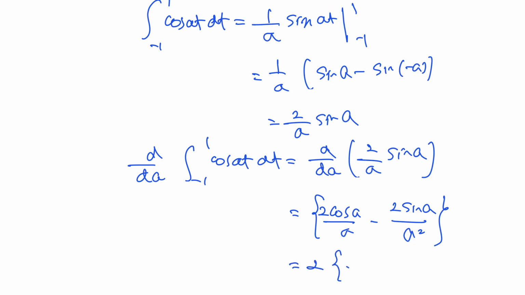Twice of cosine a over a minus sine a over a squared.